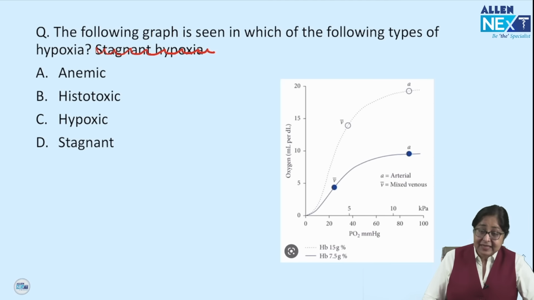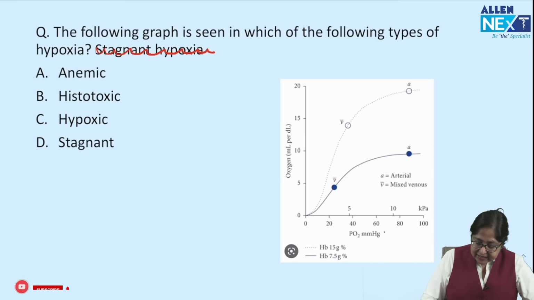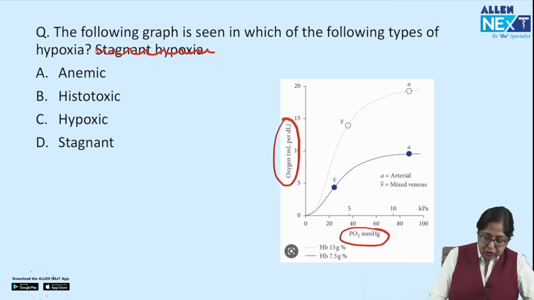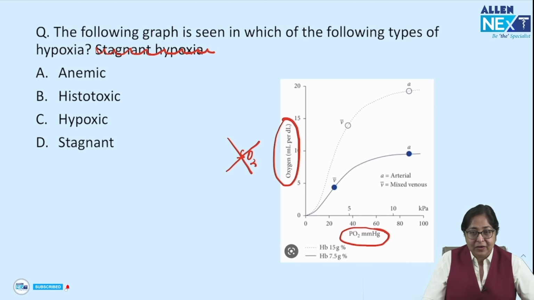Now what I have been told in the recall by one of our students, that on the x-axis we had PO2 in millimeters of mercury, and on the y-axis was not saturation, but in fact oxygen content per 100 ml, right?